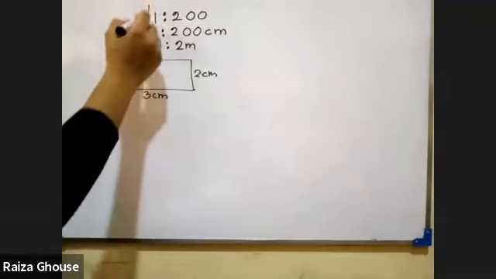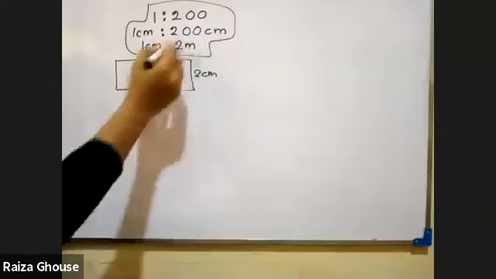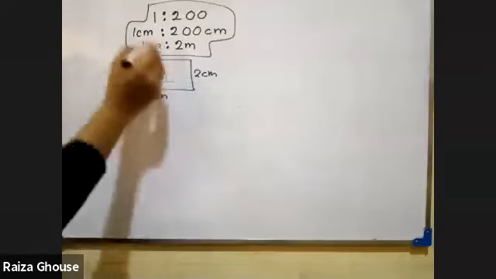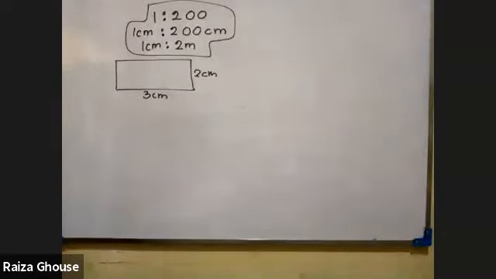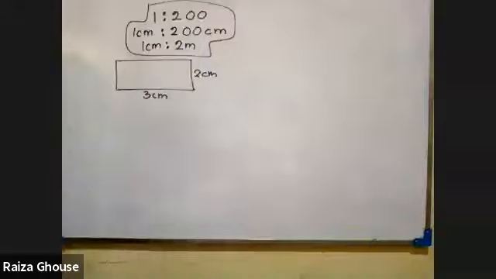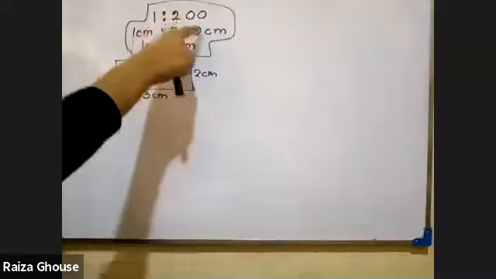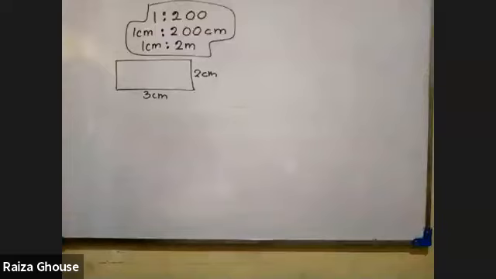Here is the answer on the board. The real length of 2 meter is represented by 1 centimeter. How did I find that one? They have given only 1:200, children. So 1:200 means 1 centimeter is representing a real length of 200 centimeter.